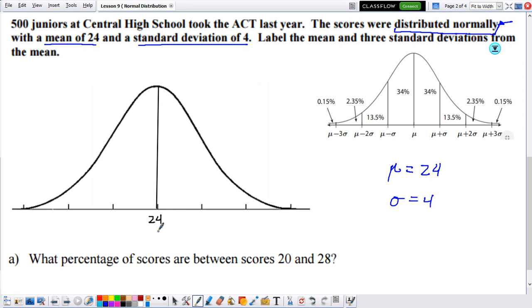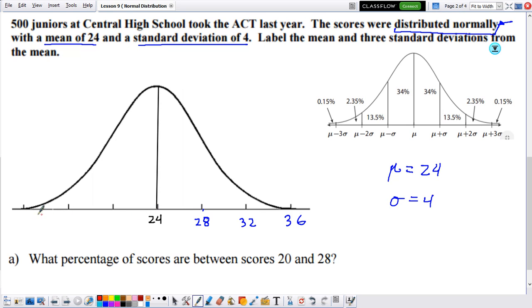Now, if we want to find out the next section, we know we're moving to the right, so we need to add 1 standard deviation. We know that the standard deviation has a value of 4. So if you're at 24 and you move 1 to the right, that's going to give you 28, because you're adding 4 if you're moving to the right. And if you move again to the right, to the next section, that's going to give you 32. And if you move once more, that's going to give you 36.